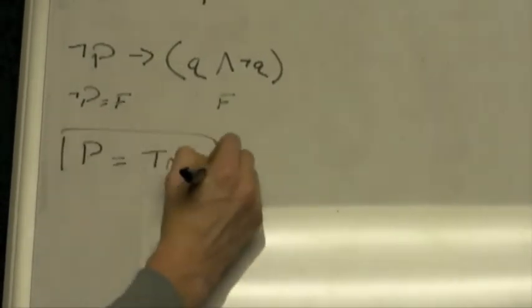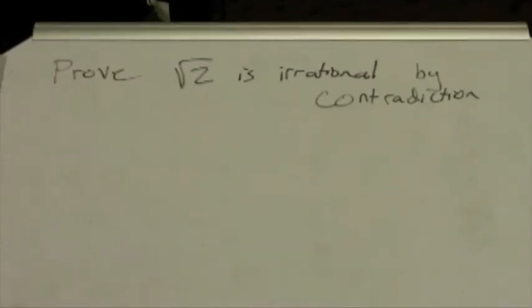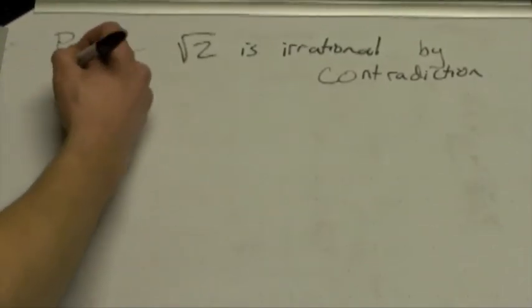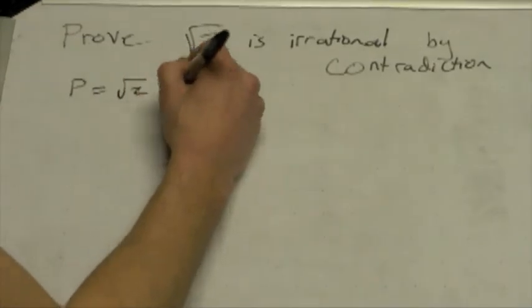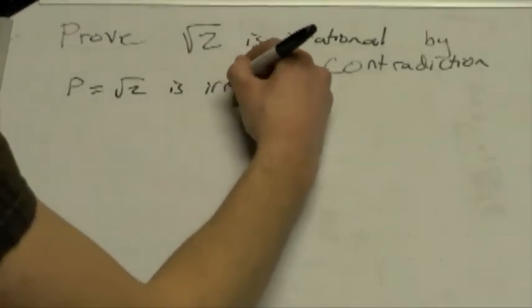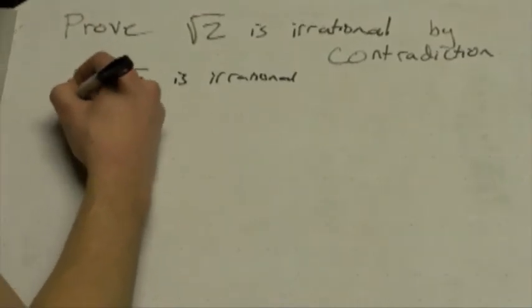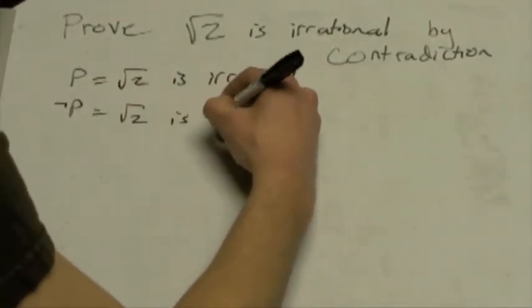Next, a proof by contradiction that the square root of 2 is irrational. To begin, we start by defining our proposition P, which is that the square root of 2 is irrational, and then stating the negation of that, not P, which is that the square root of 2 is rational.